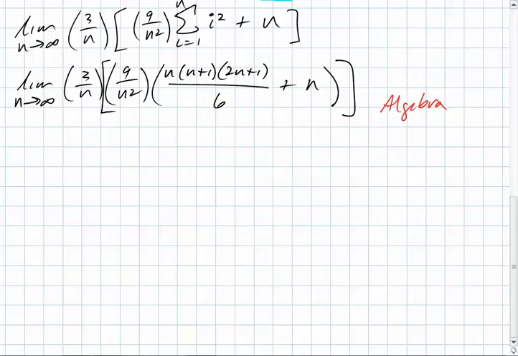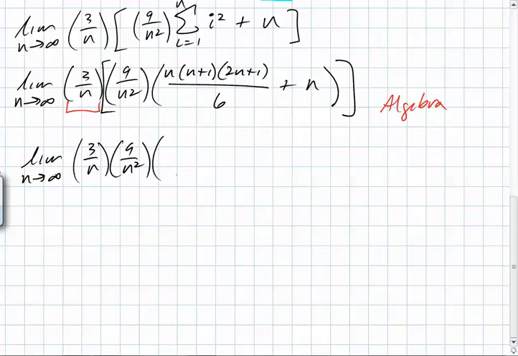So what do we have to do at this point? We really just have to do algebra. How many terms do we have here? Remember that we have this 3 over n floating on the outside. We have the limit as n goes to infinity of, let's multiply this in, 3 over n times 9 over n squared times what? Now, we're only really interested in this fraction right here.